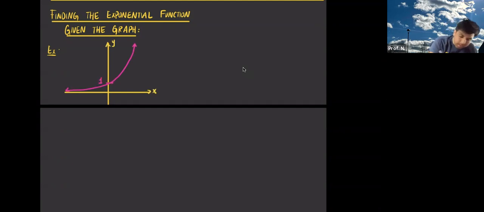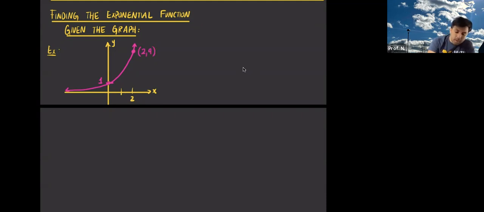And I got these coordinates here, 2, 9. So I'm going to give you one coordinate, and I already know this is the y-intercept at 1.